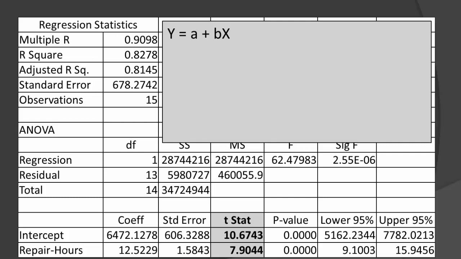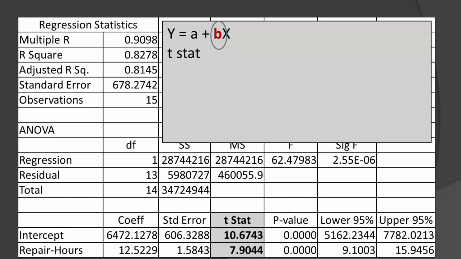There are a couple of ways to tell. We know that the formula for a straight line is y equals a plus bx, and in that formula, b represents the slope of the line. If b is equal to 0, if the line is flat, that means all of our costs are fixed.